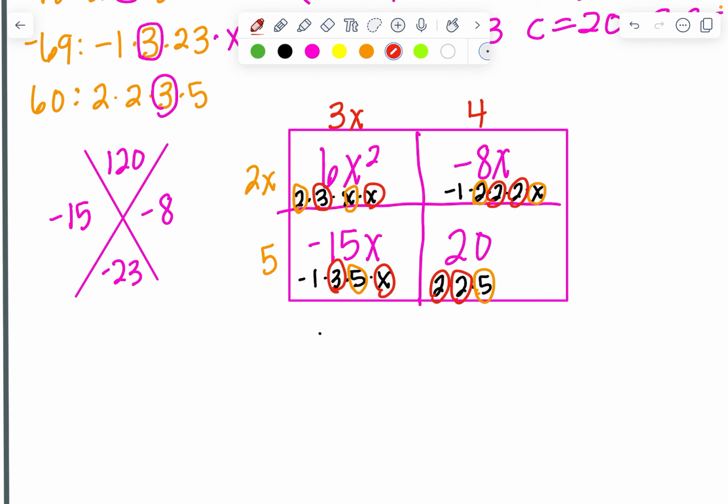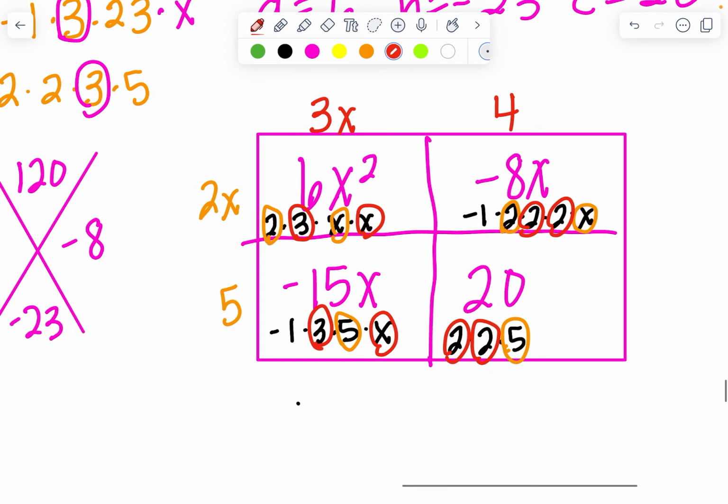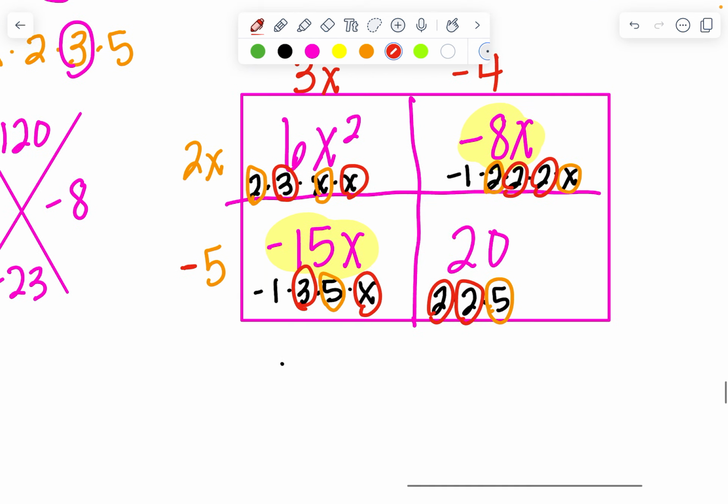The thing is now, since we have negatives, I know I'm going to have subtraction in there somewhere. If I want to know how to multiply to negative 15x, it's 3 times negative 5, so that has to be a negative. Same up here with this negative 8x. 2 times negative 4 is going to give me negative 8x.